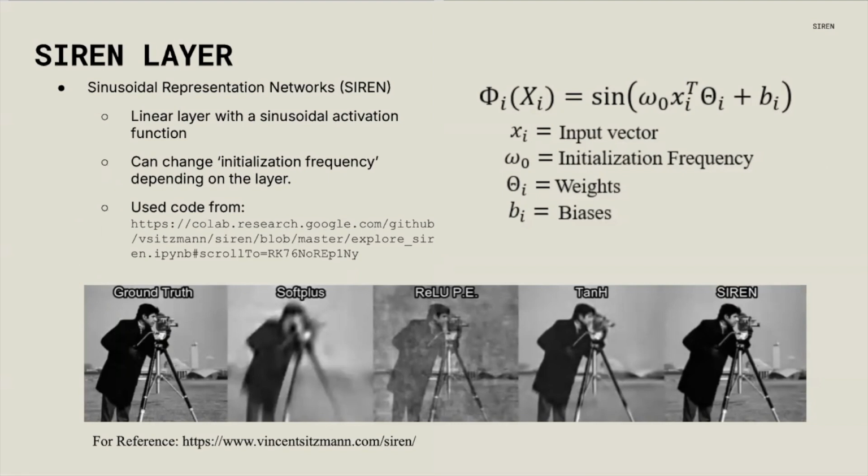A unique thing about this is that your initialization frequency, which is this omega naught, can be changed and adjusted for each layer. This does a great job at capturing and predicting frequency-based data, whether it's high frequency or low frequency, and this is something that can be fine-tuned to a specific data set. And you can see here the difference between the siren layer, a hyperbolic tangent, and a ReLU in reconstructing this image. So it's something that works really well for this data set.